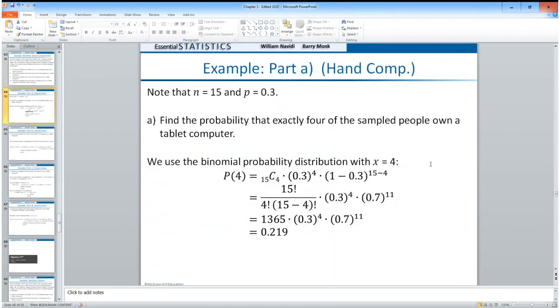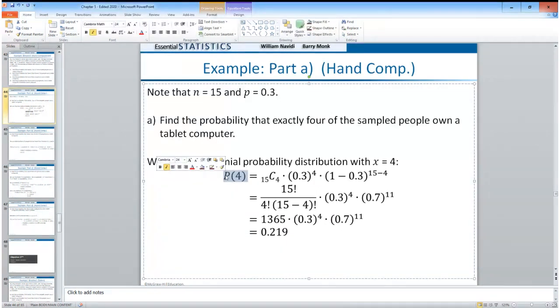So doing 1 is not so bad, because when we say exactly 4, it's sort of like that little example we went through when we said we want exactly 2 heads. Well, look at how you set it up. You've got the 0.3, and then your x is 4. So you've got the power of 4, and then this is 1 minus 0.3, which ends up being 0.7, and then 15 minus 4 means 11.